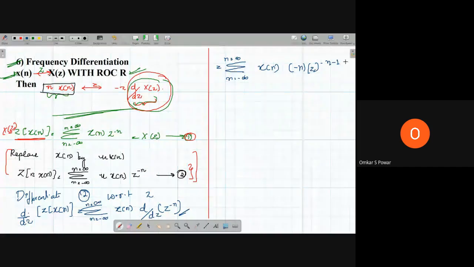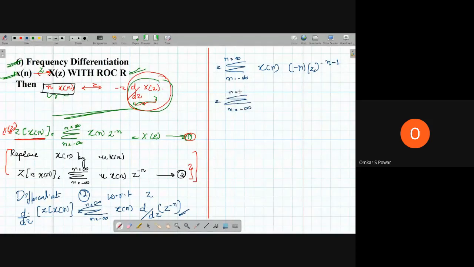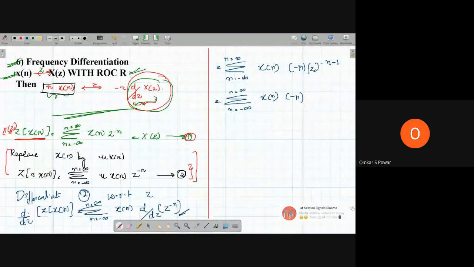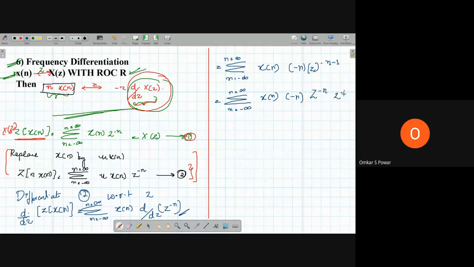Okay. So further, how can we simplify this one? Summation n varies from minus infinity to infinity, see what I'm writing here, x of n. So minus n z to the power of minus n into z to the power of minus 1. So I will bring this z to the power of minus 1 and minus outside. So minus z to the power of minus 1 I will bring outside.